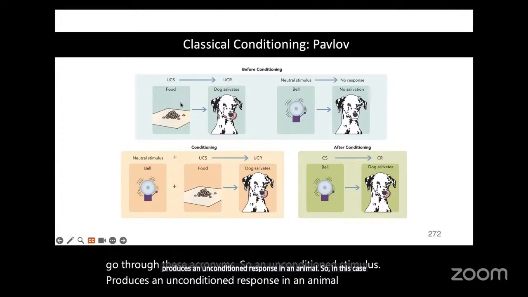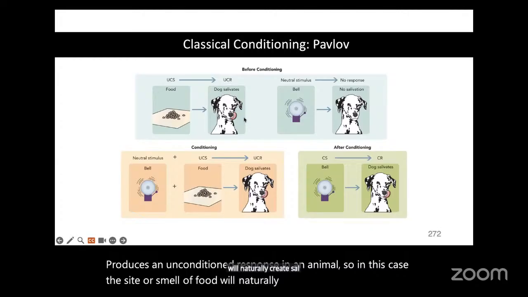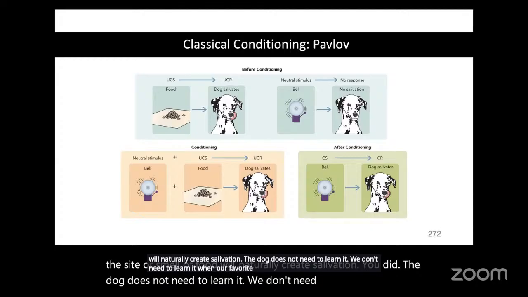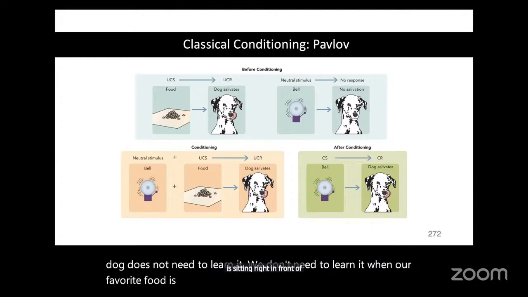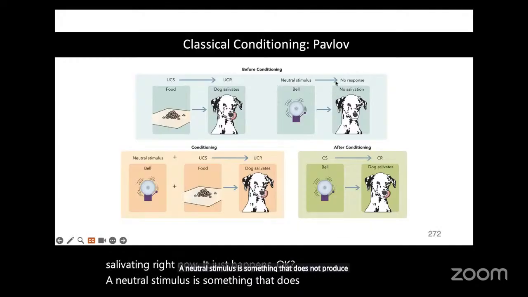In this case, the sight or smell of food will naturally create salivation. The dog does not need to learn it. We don't need to learn it when our favorite food is sitting right in front of us and say, oh, I need to start salivating right now. It just happens.